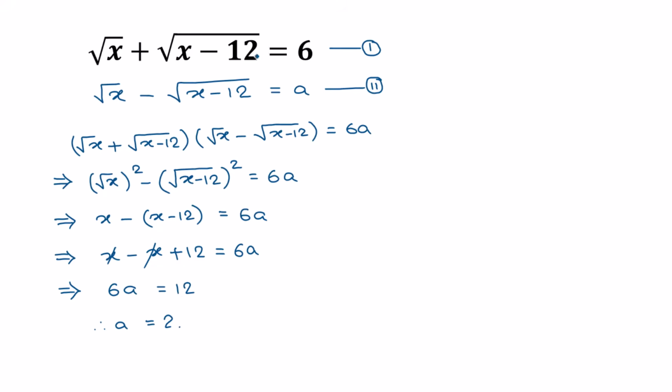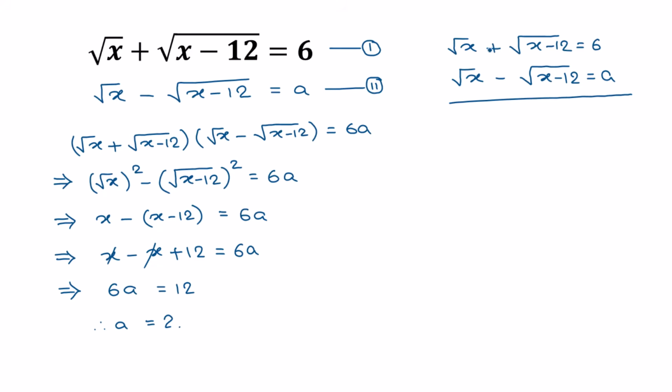Now adding equation 1 and equation 2, we will get from equation 1 square root of x plus square root of x minus 12 is equal to 6, and from equation 2 we have square root of x minus square root of x minus 12 is equal to a.